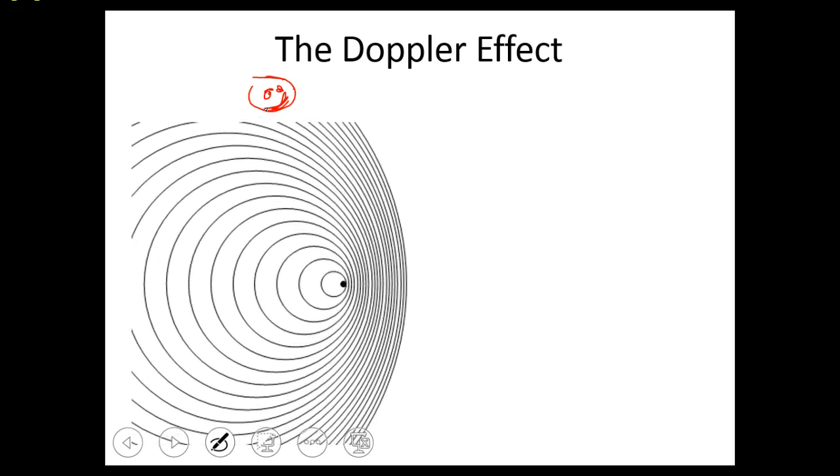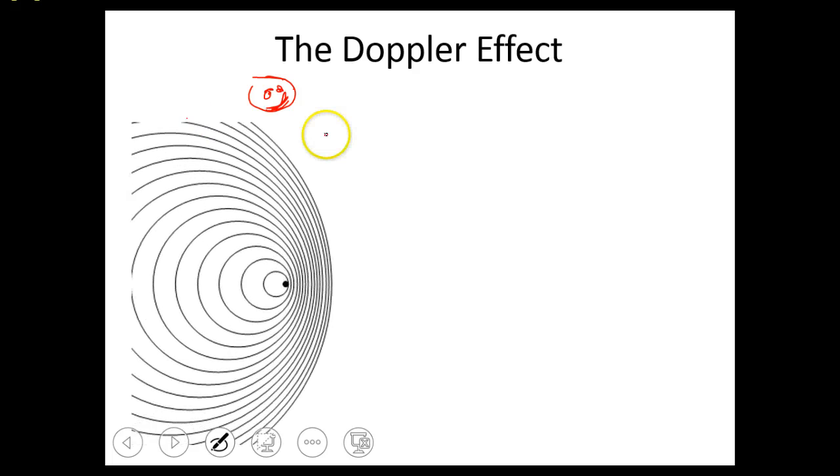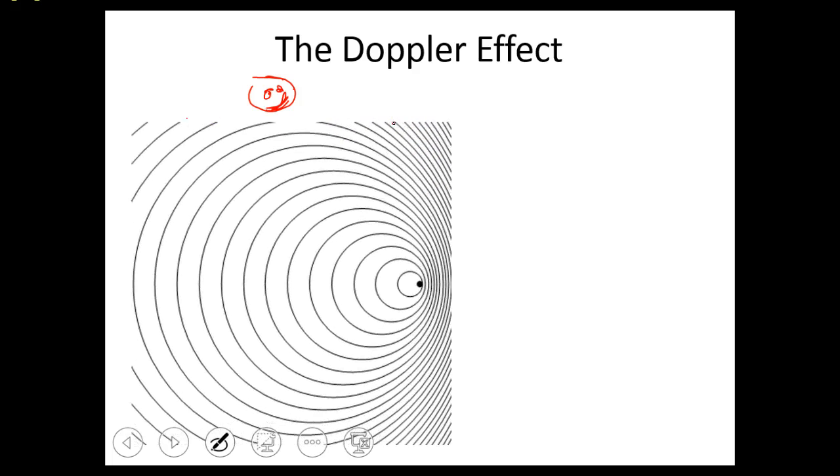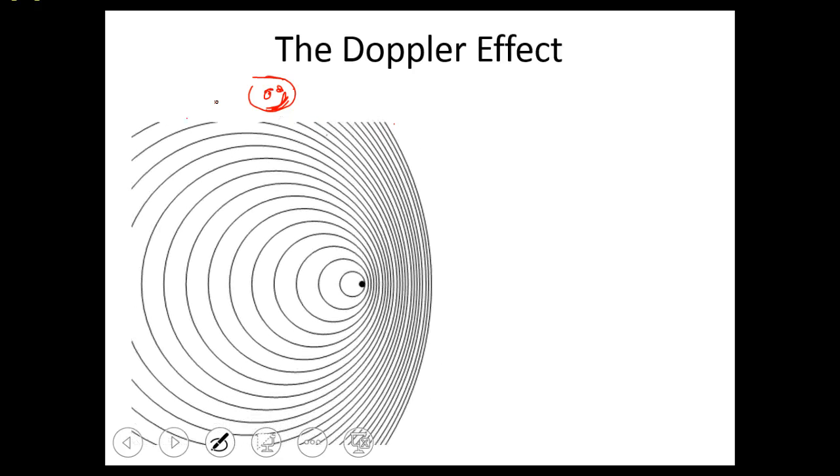And so we hear very high frequency in front of the car, and then low frequency waves, or long wavelengths, behind the car, right?